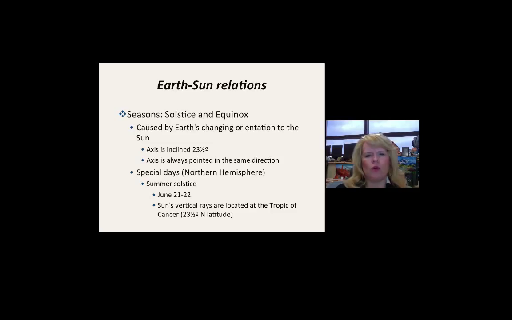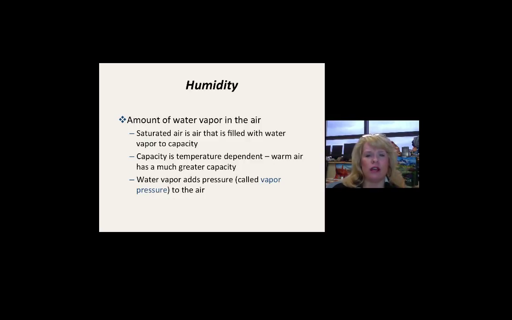And that's when the vertical rays are located directly above the Tropic of Cancer at 23.5 degrees north latitude. So that happens in June, the summer solstice. There's a different date that's important that is also the winter solstice, and that happens in the December timeframe.